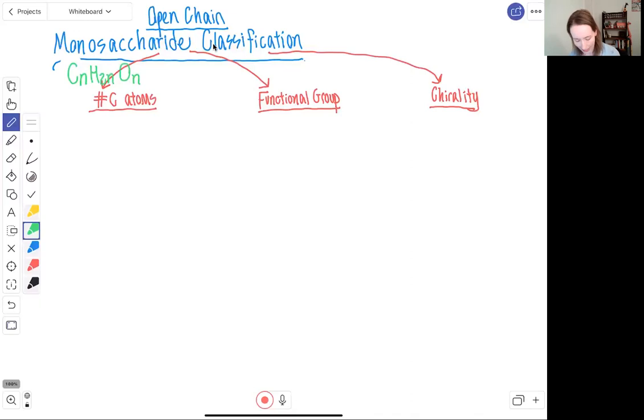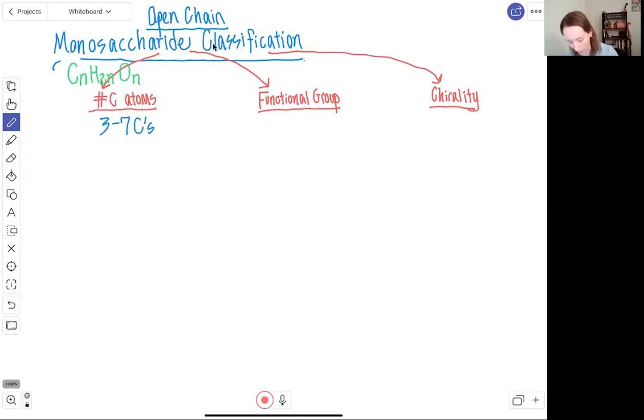So one way of classifying these molecules is by the number of carbon atoms that are present. And based on the number of carbon atoms, which is generally between 3 and 7 carbons, most typically, they can arrange into a variety of structures to make a huge array of different monosaccharides.